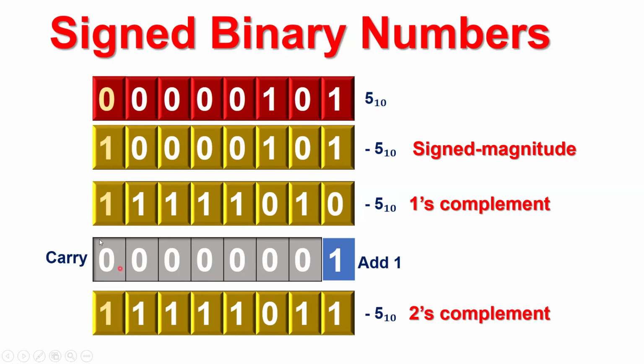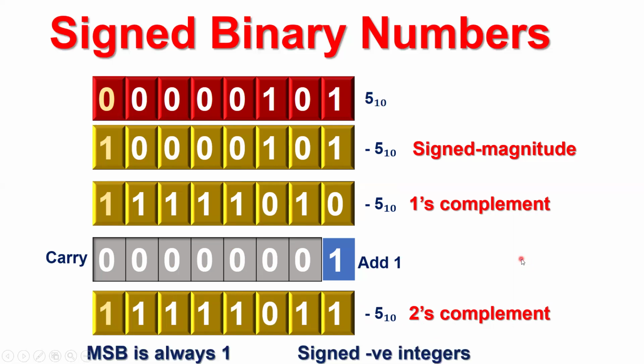And you repeat this till you reach the MSB. Finally, 1 plus 0, sum is 1, there is no carry again. Then you add the negative sign to the final bits in binary form, which is 1, 1, 1, 1, 1, 0, 1, 1. So you see that this is minus 5 in 2's complement form.